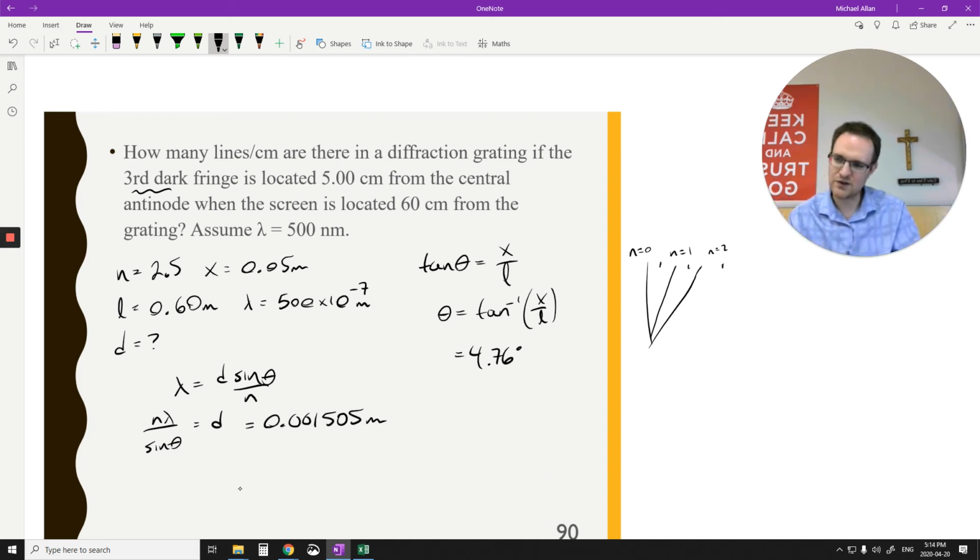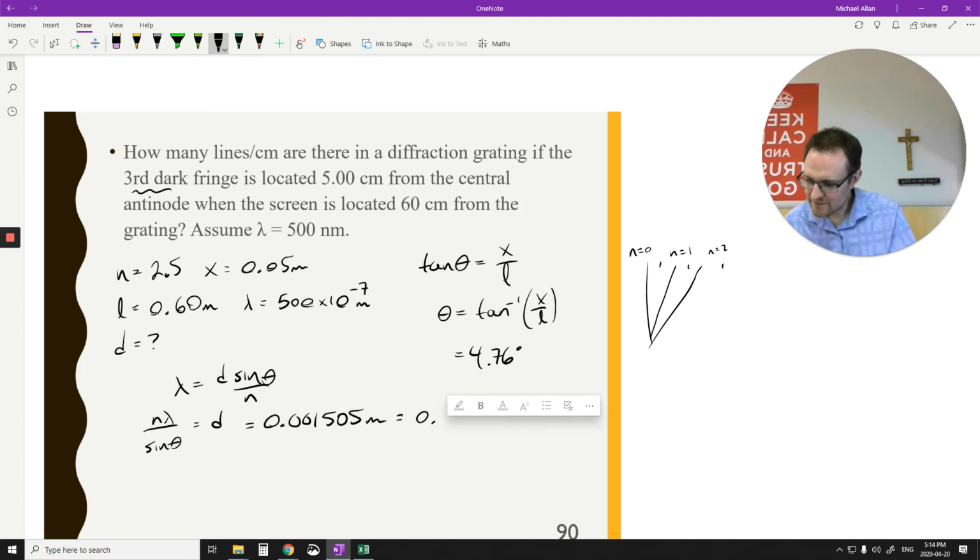So what I'm going to do first is change this to centimeters. 1.505 centimeters, so times it by 100.